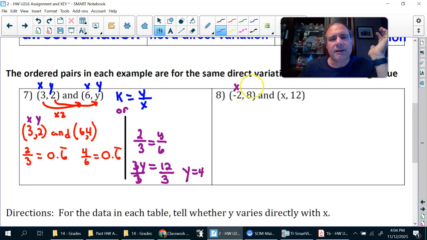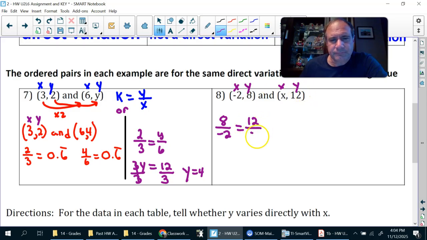Remember, since you're told that it is a direct variation, you are saying that these points have to be in proportion. That's why the multiple thing works. But remember, y divided by x equals y divided by x.